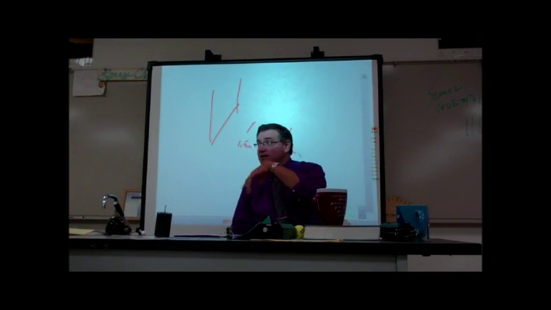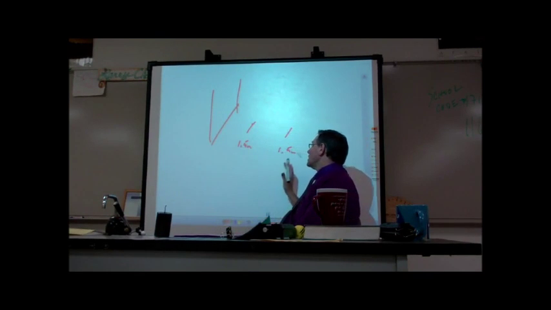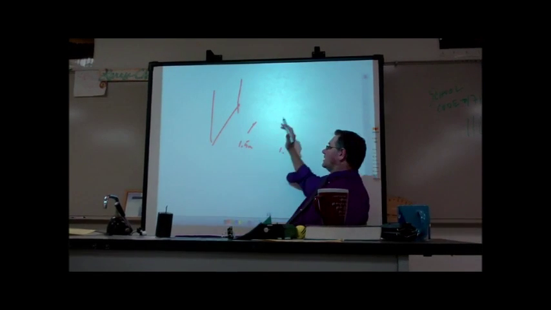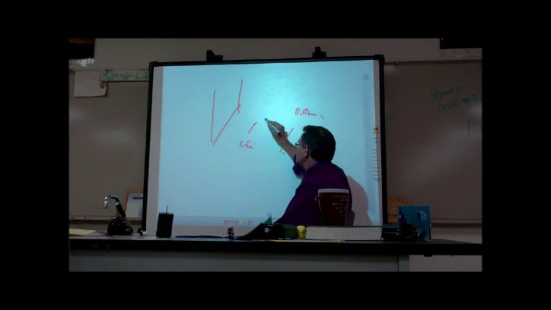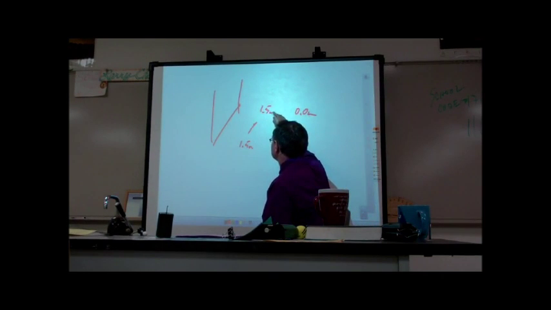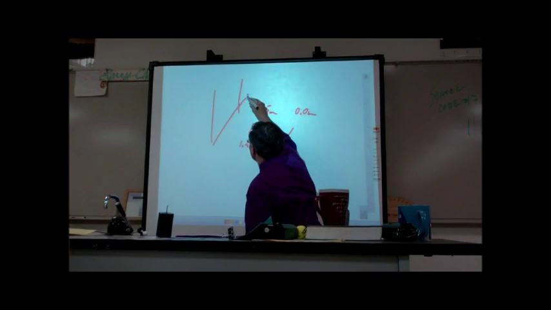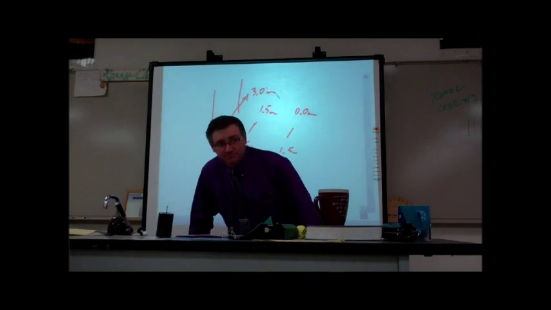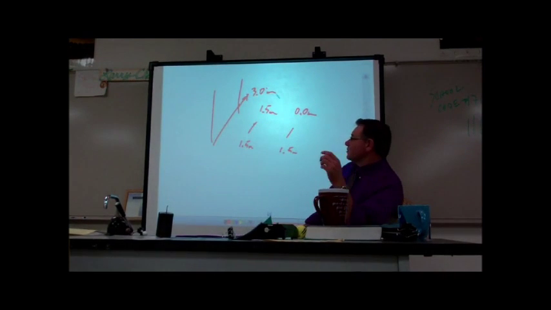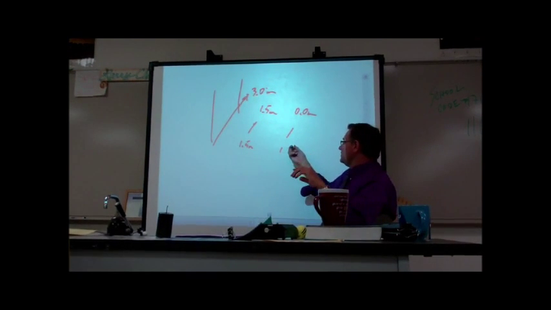When you get done, you're going to take the tape back off the floor. To make this simple, and so we're all on the same page, we're going to call this 0 meters, this a position of 1.5, and the wall a position of 3 meters.